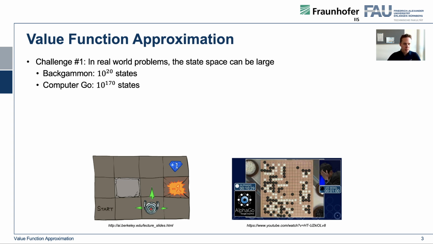And there are even more complicated problems, like for instance computer Go, where you can estimate the total number of states to be 10 to the power of 170, which is by far beyond everything that you can store. Okay, and to put on top of that, there are also problems that define continuous action spaces. So we have always dealt with discrete action spaces where we can enumerate the different states.